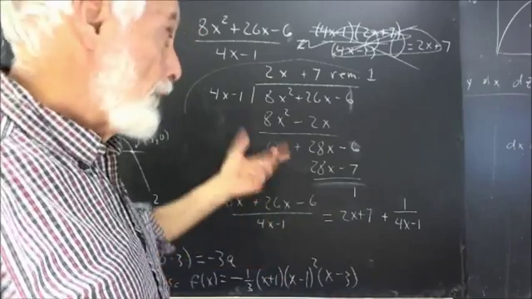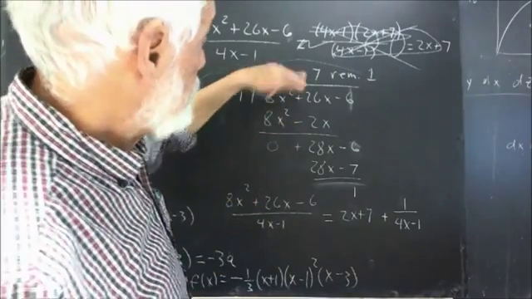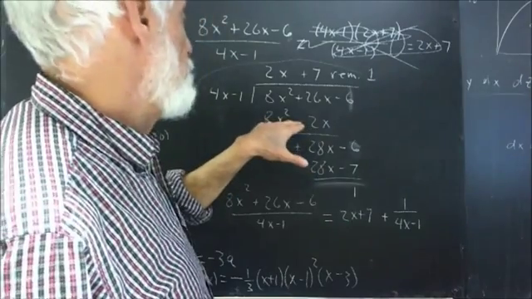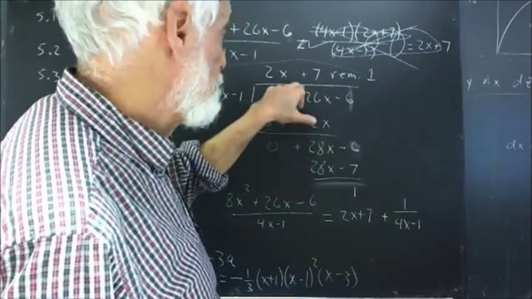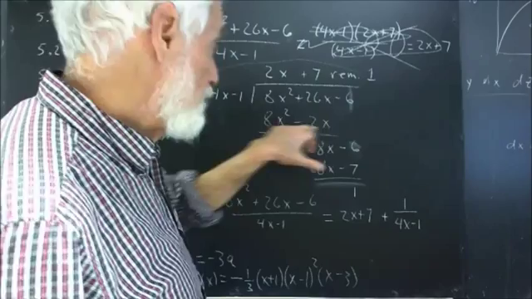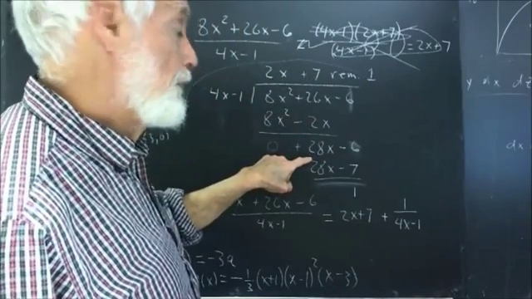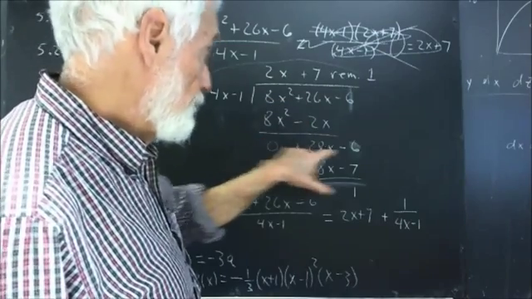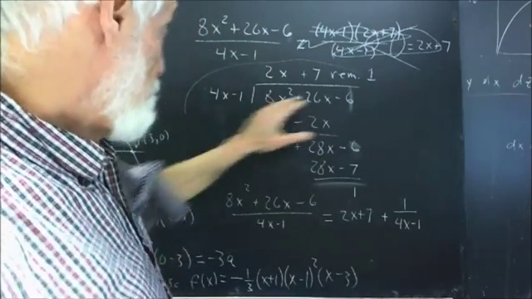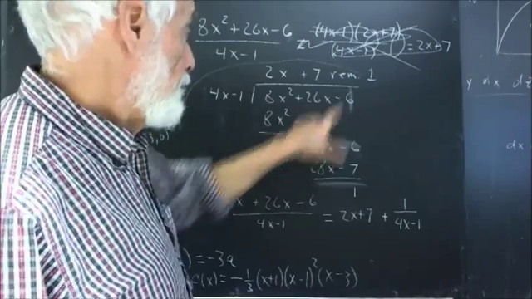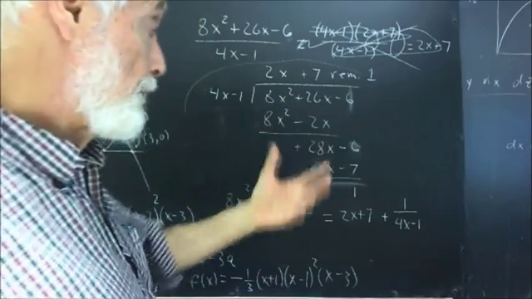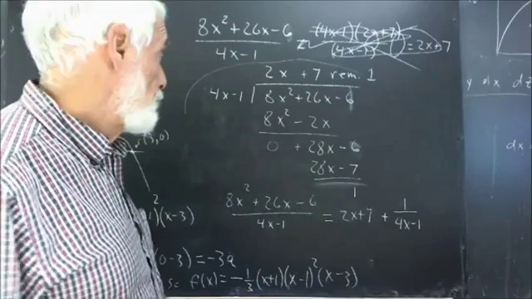It's easy to do, so I've got to be careful. You're subtracting this from this, which means it's 26x minus -2x, which is 26x plus 2x, 28x. That's the major pitfall in using this division algorithm, so you've got to be careful about that. And then we bring down the -6. This is just like long division of real numbers.